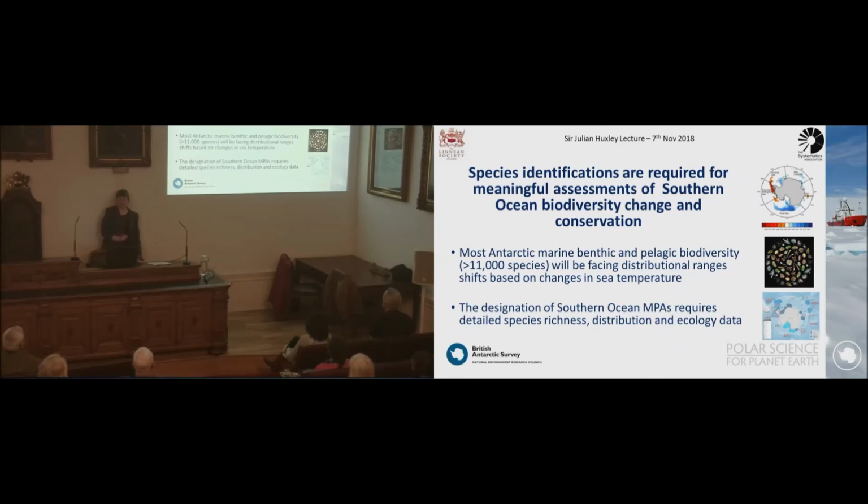Most of our Antarctic marine pelagic and benthic species will face distributional range changes in the coming decades. And we also require the designation of Southern Ocean marine protected areas to protect those species, to not have them under two threats, the fisheries and the climate. We can't do anything about the climate as such. Yes, we can, but the temperatures will rise. But we can do something about the protection. And for this, we need to know what species we talk about.